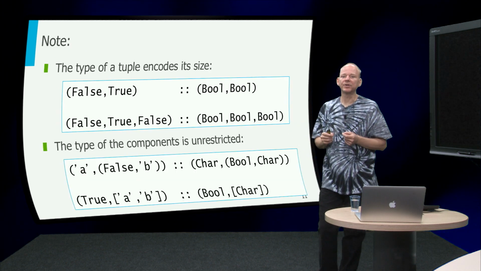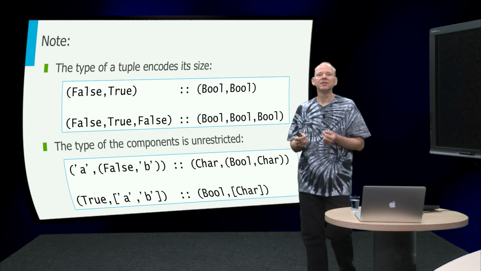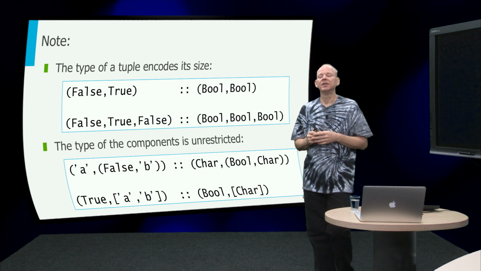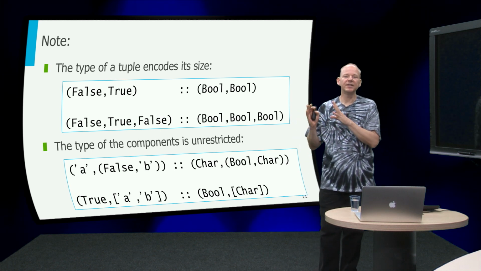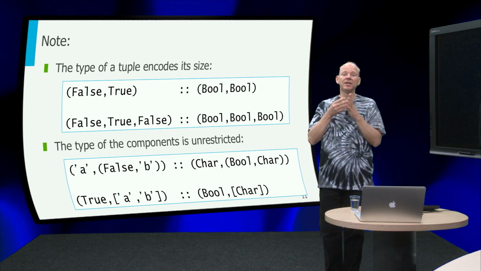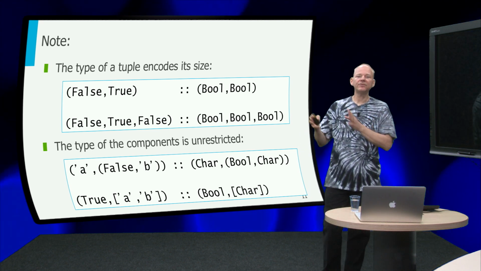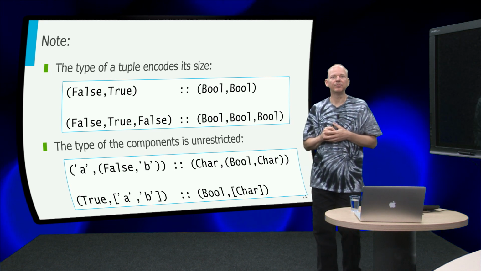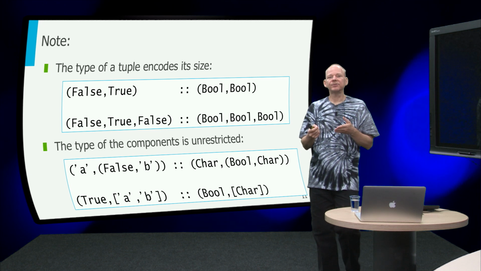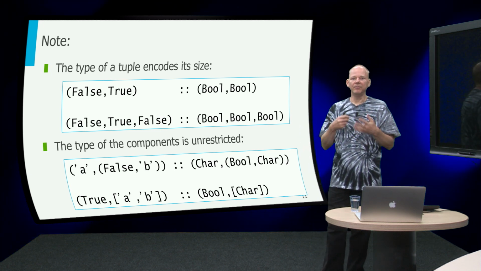So the type of a tuple encodes its size. So (True, False) or (False, True) there has type (Bool, Bool). So you see there that the length of this tuple is reflected in the type. Second one there, there's three booleans. So we see that the tuple has three booleans. And the types of the values are unrestricted, so they can be mixed and matched.